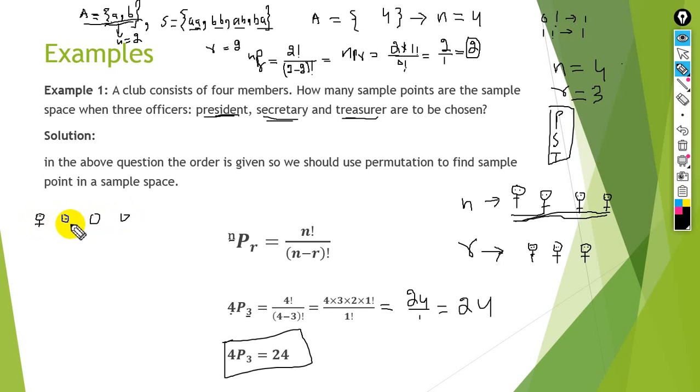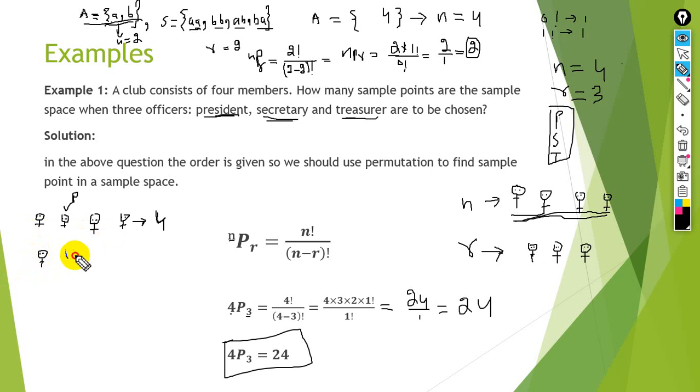At the first position, if I want to select the president, I select the president from the 4 persons. Say this one became president. Now how many persons are left? 3 persons are left.